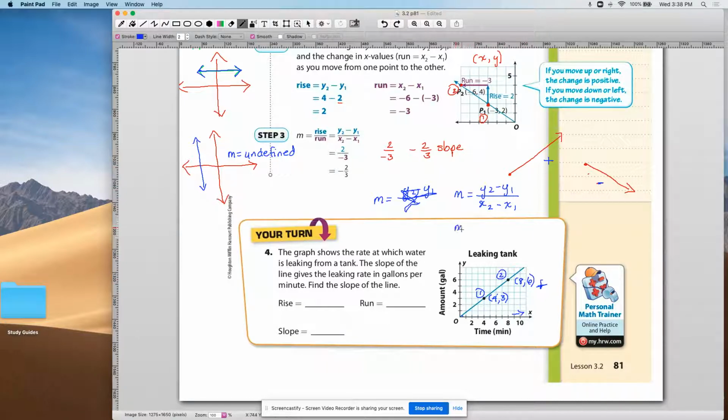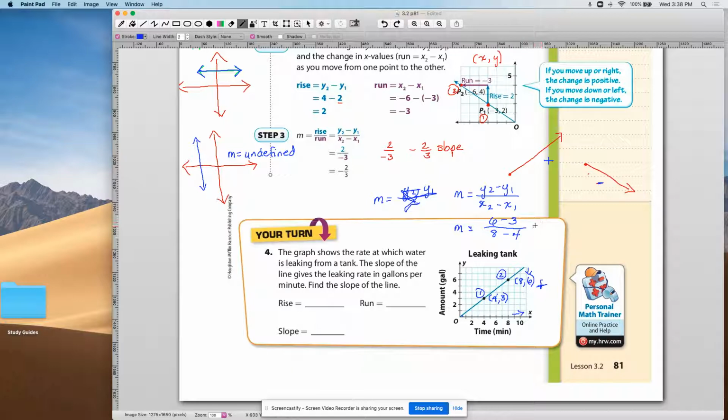So I'm going to rewrite my m and my division bar. So y2, remember this is point 2, is 6, and y1 is 3. So 6 minus 3, and then x2 is 8, minus x1 is 4.